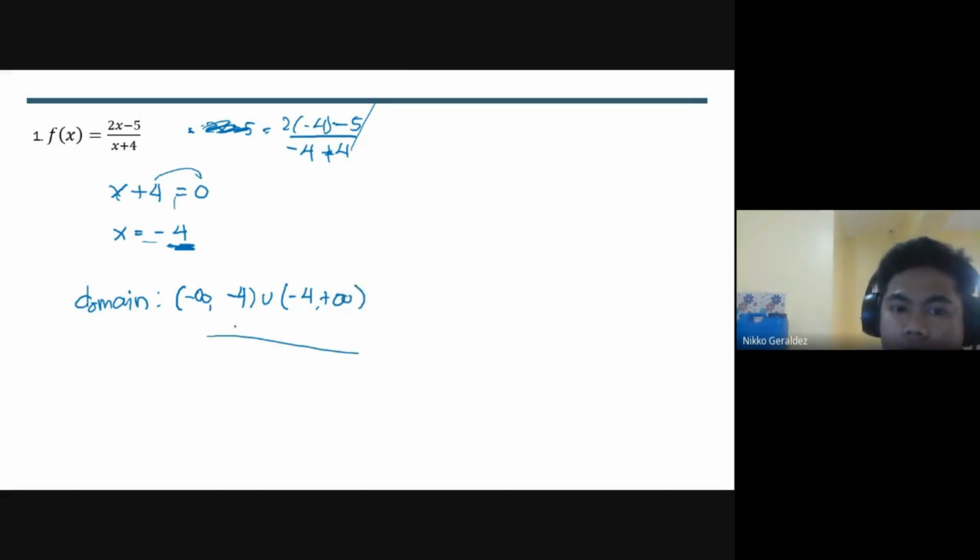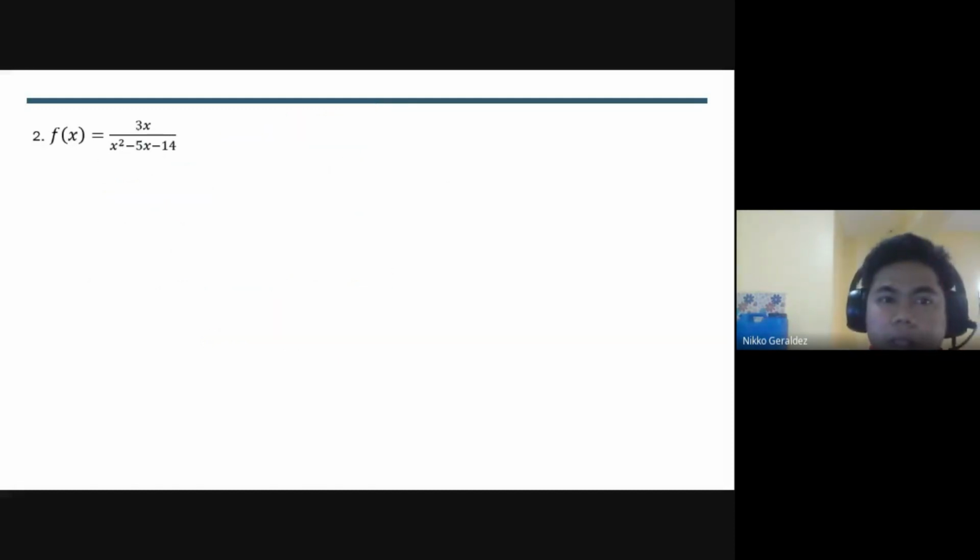So ayan po yung domain natin. So we use parentheses doon sa negative 4 kasi hindi included sa domain si negative 4. Then we use parentheses sa negative infinity and positive infinity. So, f of x equal to 3x over x squared minus 5x minus 14.